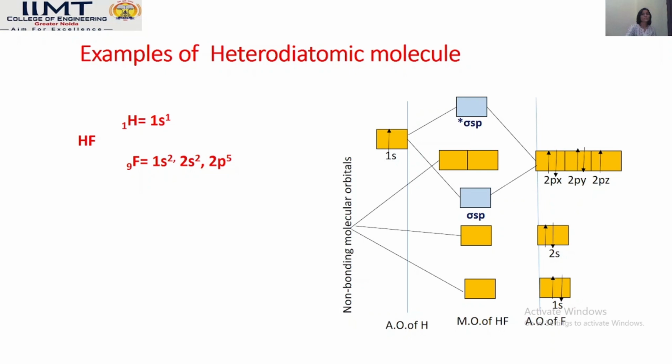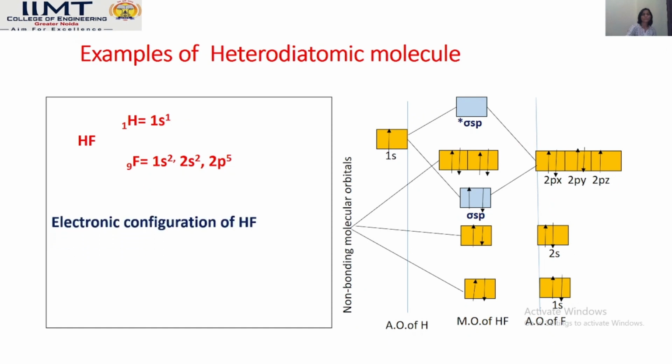The combination of 1s and 2pz will form the sigma sp and sigma star sp molecular orbitals. Now electrons are going to be filled in sigma sp, then the 1s atomic orbital of fluorine which is non-bonding, 2s, and 2px, 2py at the same energy, singly occupied. Now pairing. These are the non-bonding molecular orbitals.